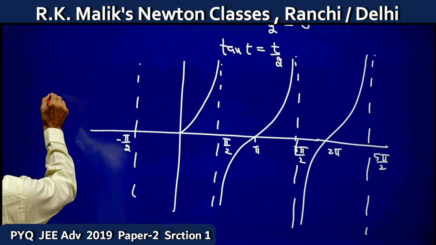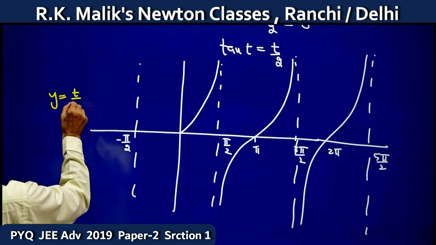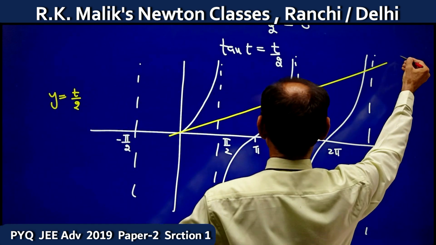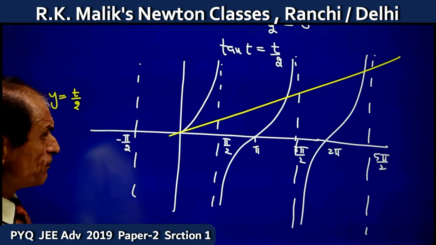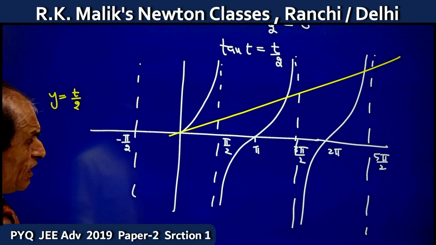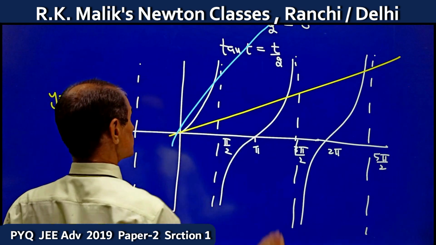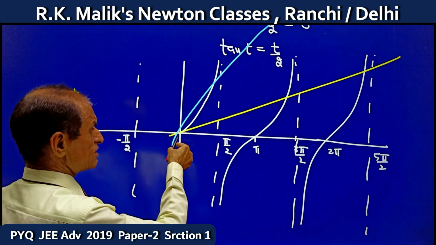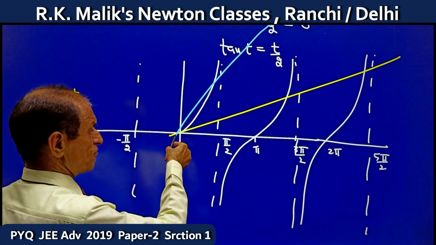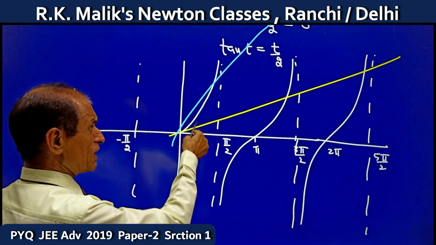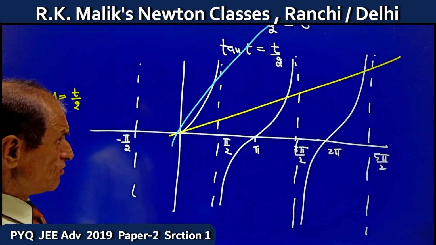And the graph of y equal to t by 2 will be surely of this type. That is, I mean to say, this graph will not be of this type. That is, between 0 and pi by 2, there will not be any point of intersection.